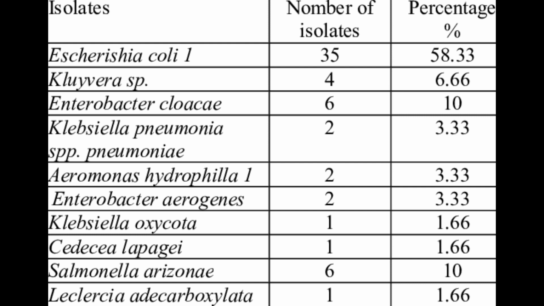Then let's talk about the decarboxylase, an enzyme that removes the carboxyl group from amino acids: ornithine, lysine, and arginine. Lysine decarboxylase produces cadaverine. Ornithine decarboxylase produces putrescine. The arginine dihydrolase produces citrulline, which turns to ornithine, then turns to putrescine.